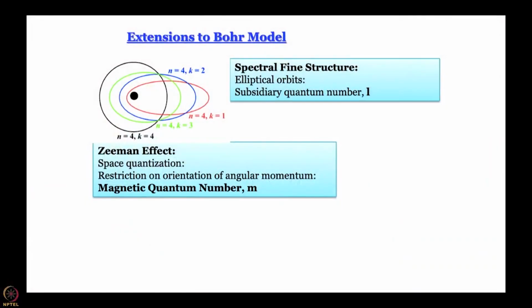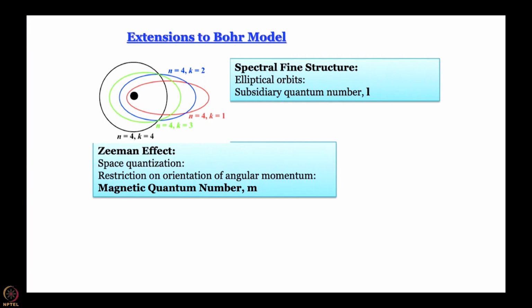So from the Zeeman effect, the idea that came is that for a given elliptical orbit, let us say k equal to 2 in the diagram that we have shown here, there can be several orbits. Actually, k equal to 2 is not one elliptical orbit, there is more than one, for which n is the same, k is the same. So the eccentricity is the same. What is different then? Orientation.